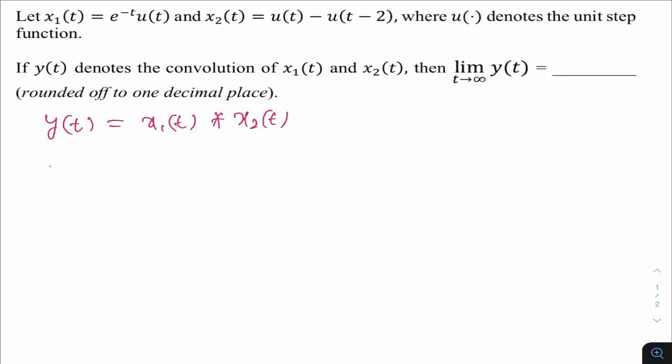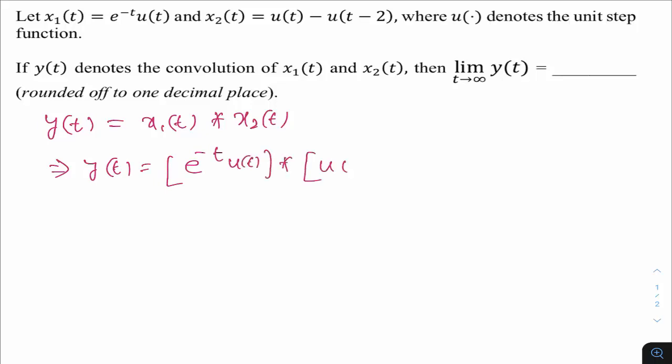Such questions can be solved using Laplace, using graphical methods, or by using some standard results. Basically, just manipulating the equations. I would like to solve this question using the standard results only, which will be very straightforward. So I can say y t is equal to x1 t; if I substitute, it is e raised to power minus t u t convolved with x2 t.